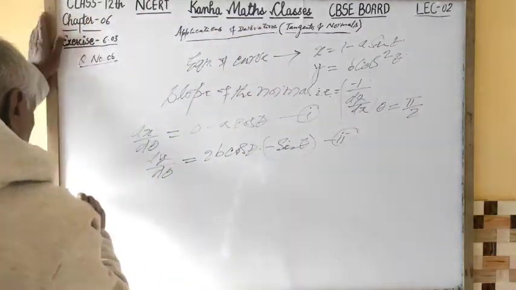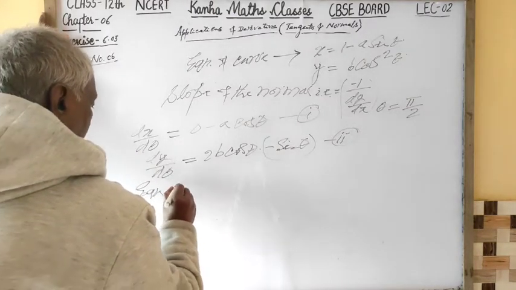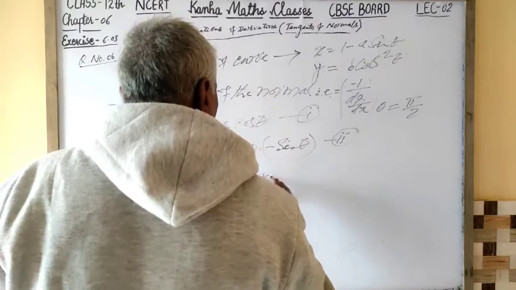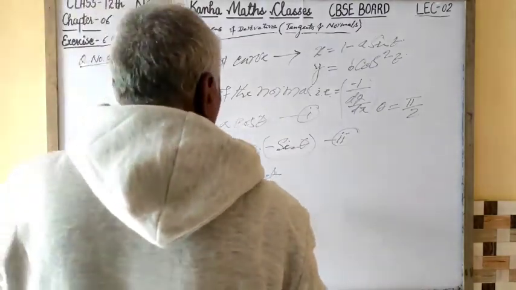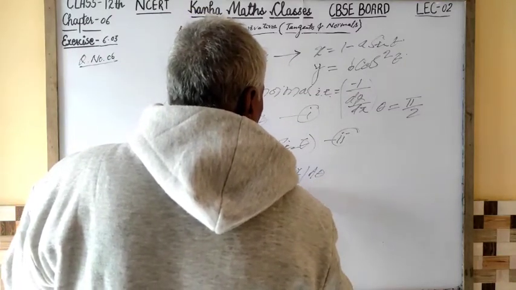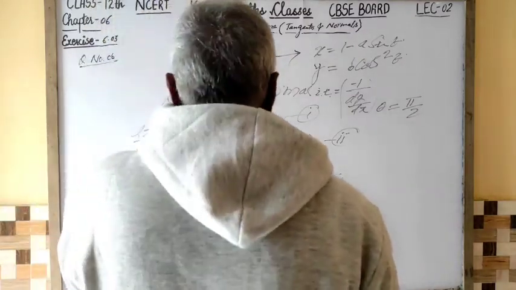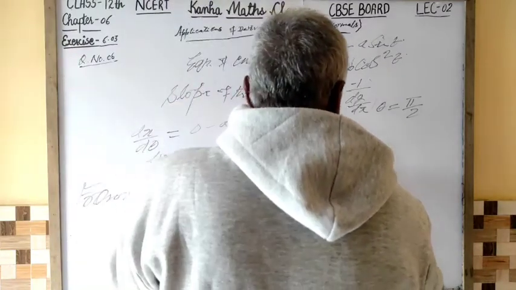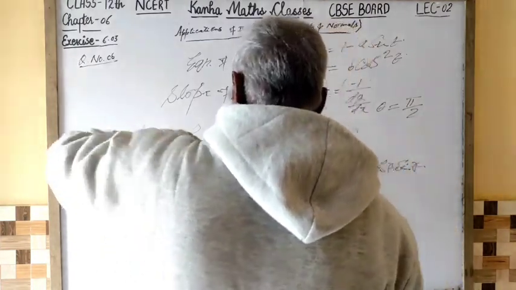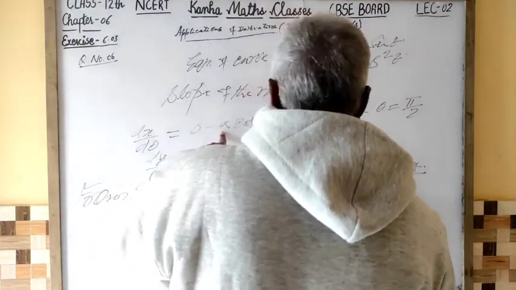From equation 1 and 2, we get dy by d theta upon dx by d theta, that is minus 2b cos theta sin theta upon minus a cos theta.